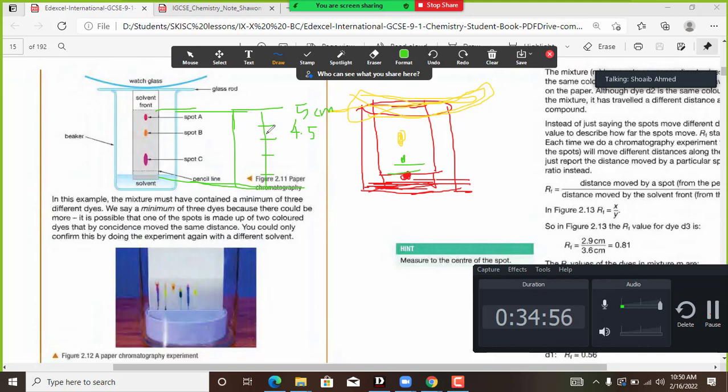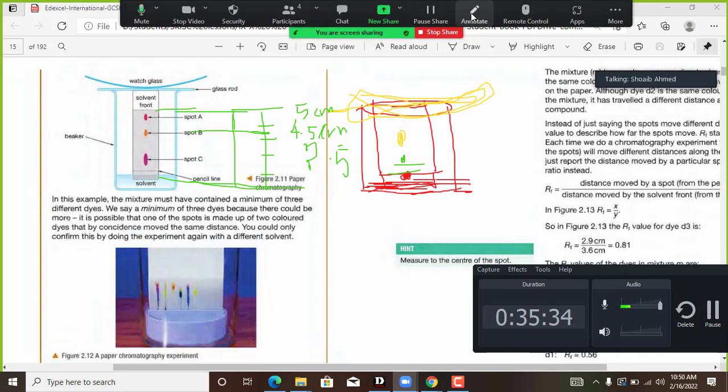Hello student, spot B, how much distance passed? Around 3 point something. Sir, it will be around 3.5. Yes, spot B is 3.5 centimeter, and spot C is 2.5, spot A is 4.5, and the solvent passed 5 centimeter.